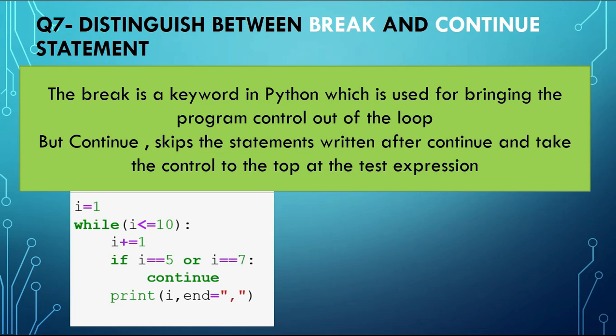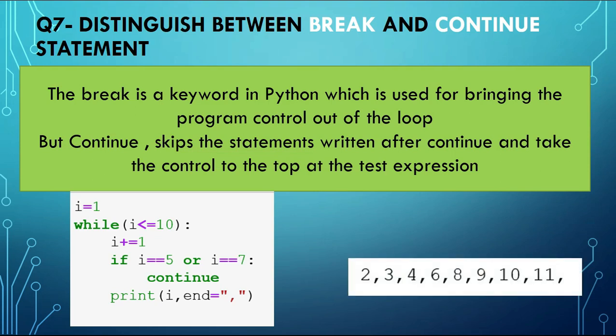In such a case, the value of i was previously 1, inside the loop it enters and the value of i becomes 2, and 2 is not equal to 5 or 7, so continue will not happen here, so it will print the value 2. Then 3, 4, the moment the value of i becomes equal to 5, it will continue, so it will go to the top, check i less than equal to 10, and come down again, so i will become 6.